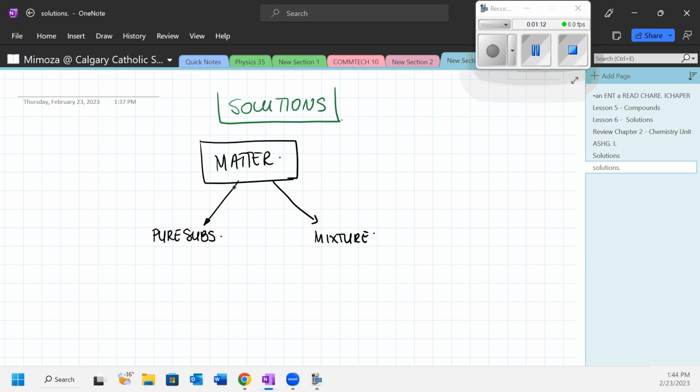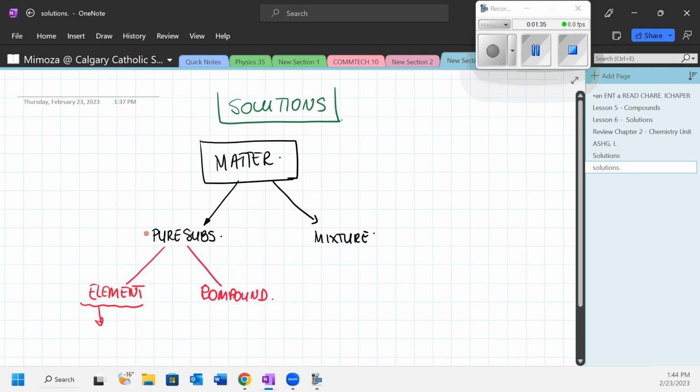And then I don't want to say that there are too many, but we subgrouped pure substances into elements and compounds. The elements were everything that is on the periodic table.